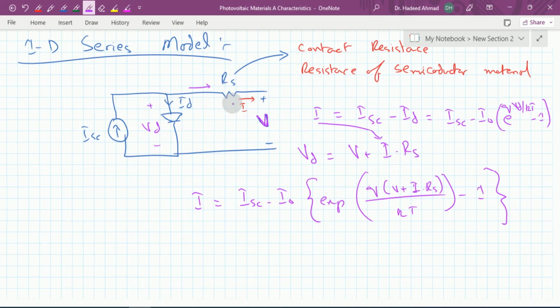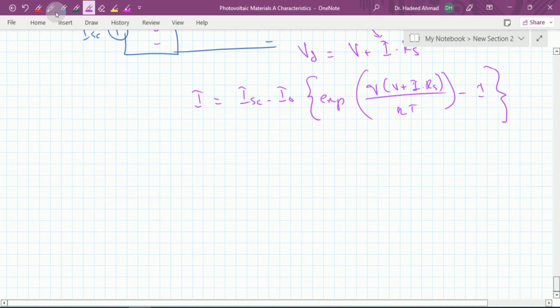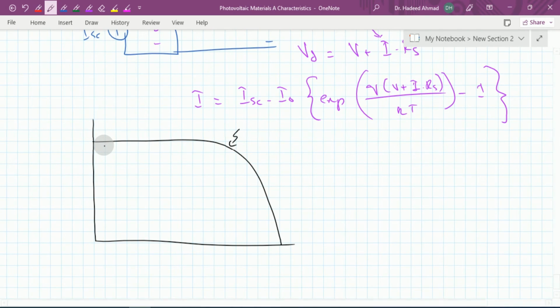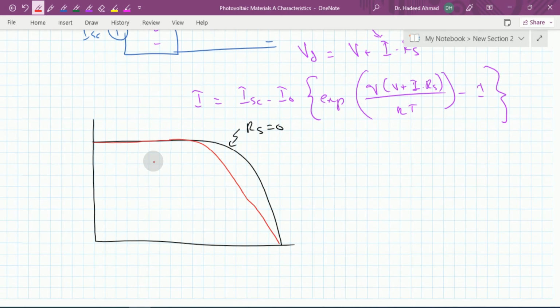So if we draw the characteristic curve of a PV cell, let us say this is for a cell where Rs is equal to 0. If Rs is not equal to 0, then the effect is seen on this particular side, right?